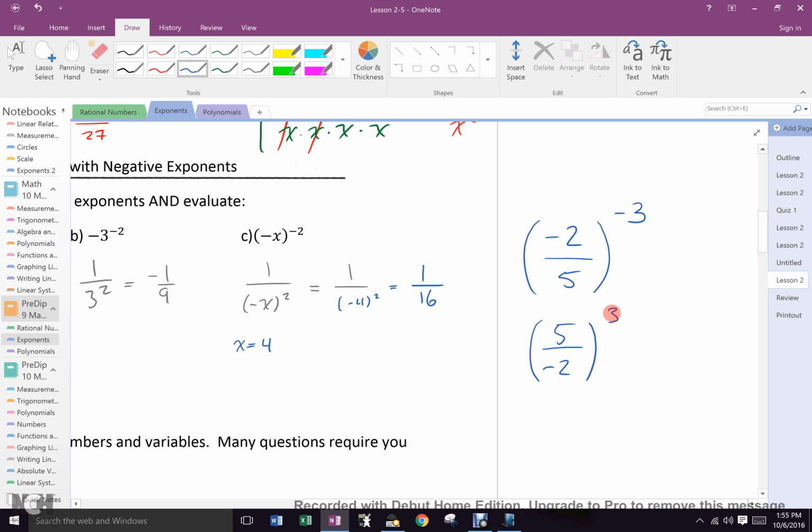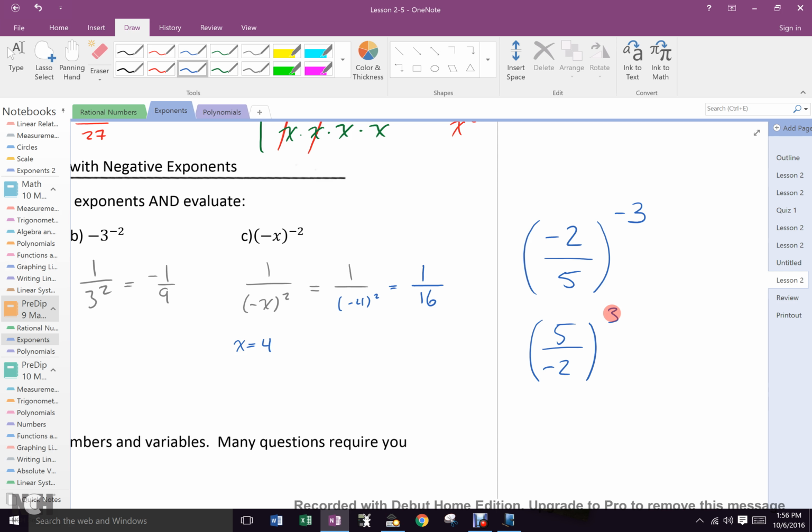to the 3. Now here's the mistake kids make. What isn't allowed to be negative? Exponents. What is allowed to be negative? Bases. So when I flip a fraction, what am I changing? The exponent only. The base stays negative.